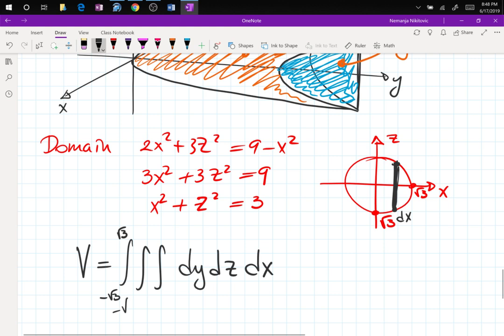So we have negative root of 3 minus x squared and positive root of 3 minus x squared for the limits. And then finally our limits for y: 9 minus x squared on top and 2x squared plus 3z squared on the bottom.